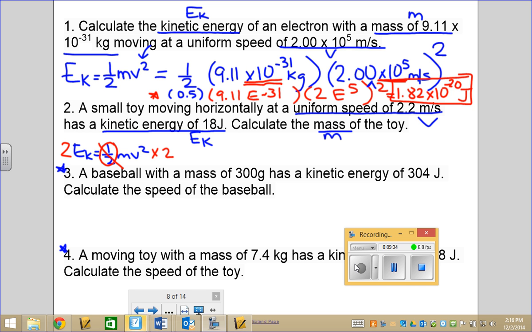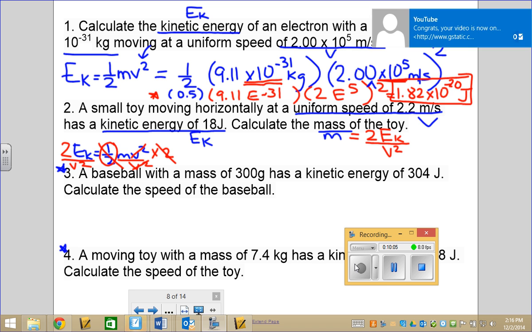That cancels it out over here and puts 2 on the other side. To get rid of v squared, I divide both sides by v squared. So it gets canceled out on one side and then shows up on the bottom on the other side. That means that my formula for mass is 2 times EK over V squared.